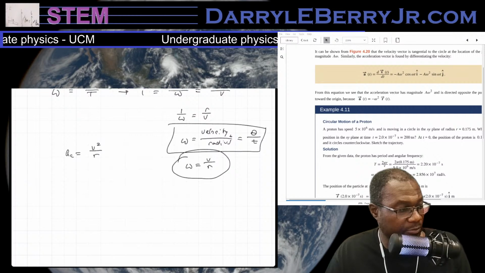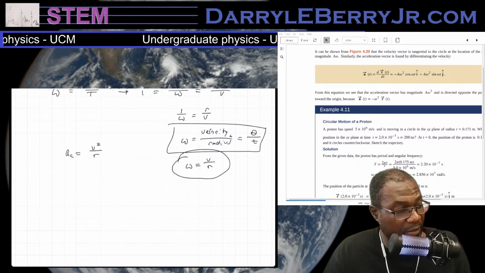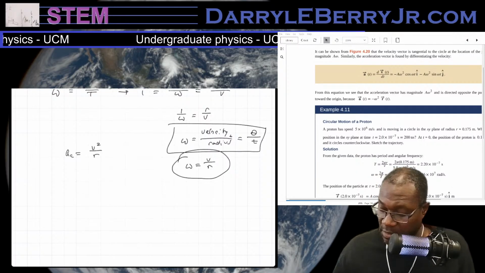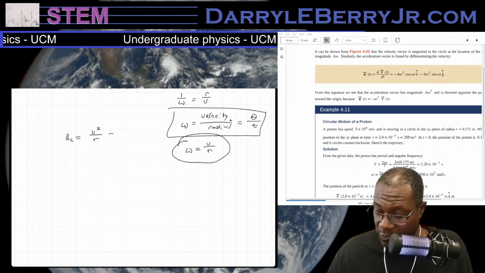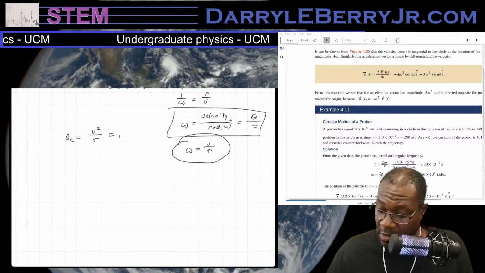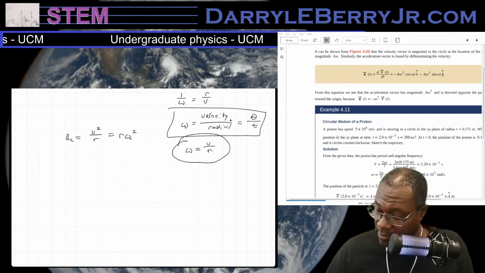It has a lot of good stuff on it. I see the angular acceleration one, which I saw on the exam. So they have a_c equals v squared over r, which is r omega squared.